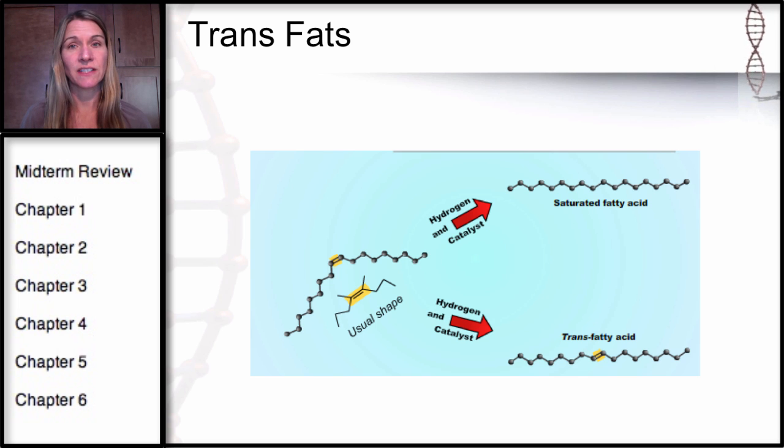There are some trans fats that occur naturally in nature, and these have been shown to actually have some health benefits, but the ones that are produced in the lab are unhealthy. You can have 0.5 grams, a half a gram of trans fat, and this can be labeled as 0 on any label. So you always have to look for a hydrogenated oil when you're looking at a label.